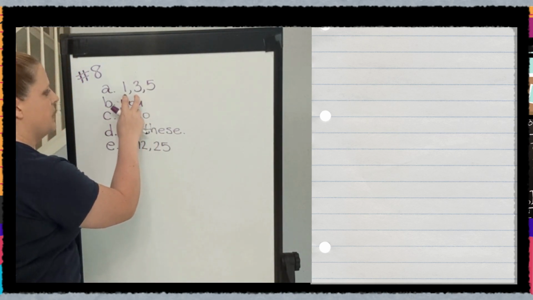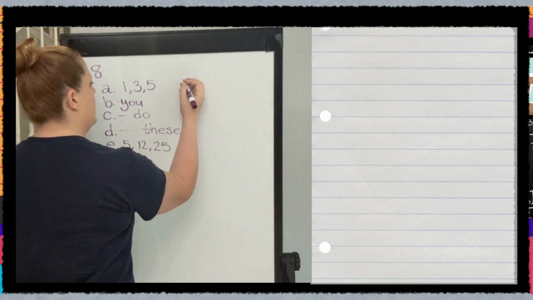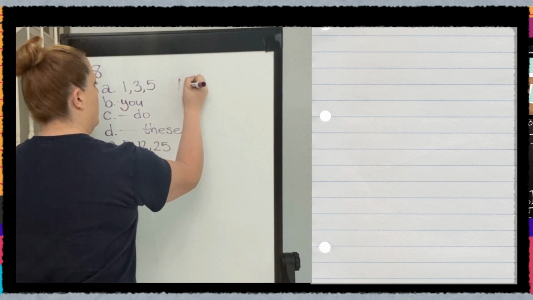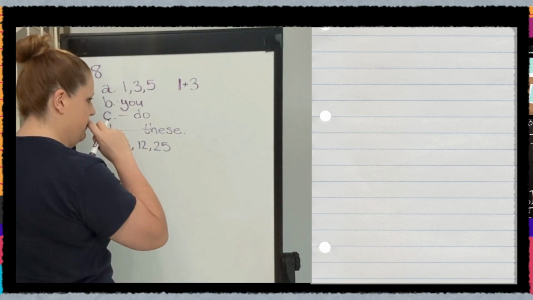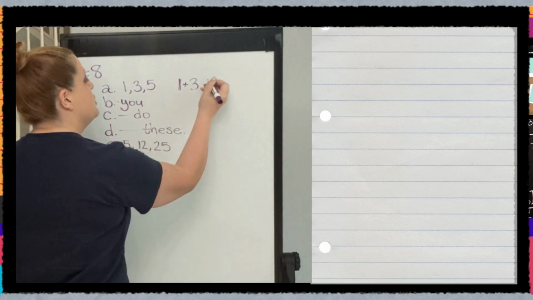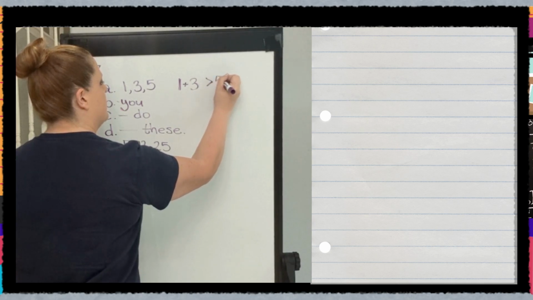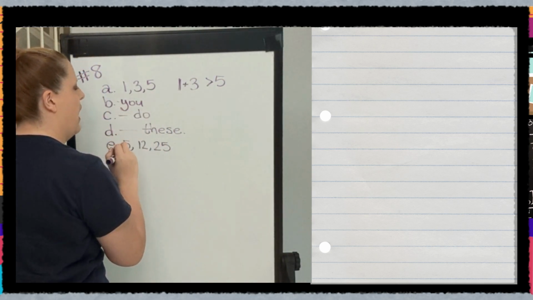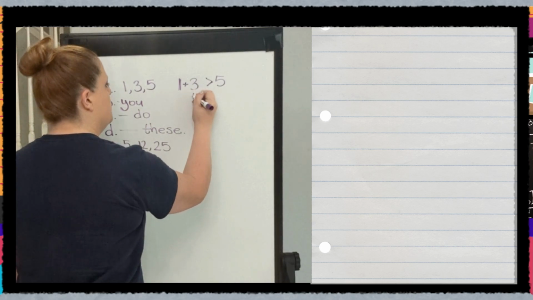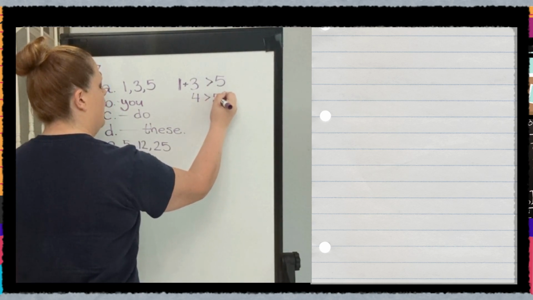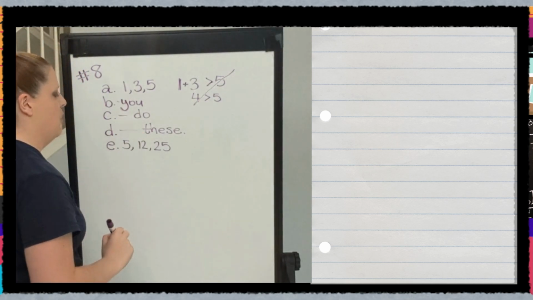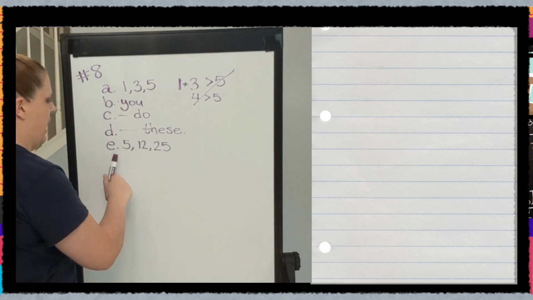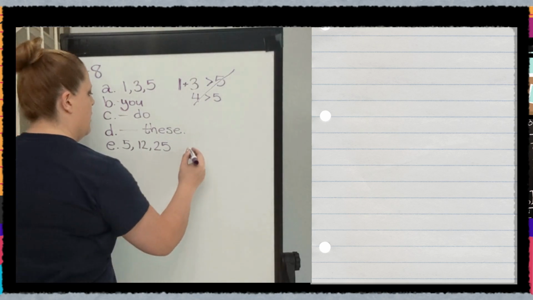So that means if we take our 2 smallest sides, 1 plus 3 has to be greater than the largest side of 5. And if we do that, we get 4. That's not greater than 5. That does not work.